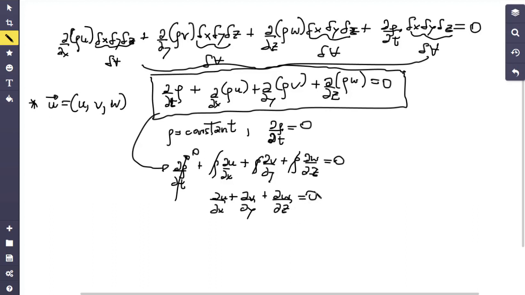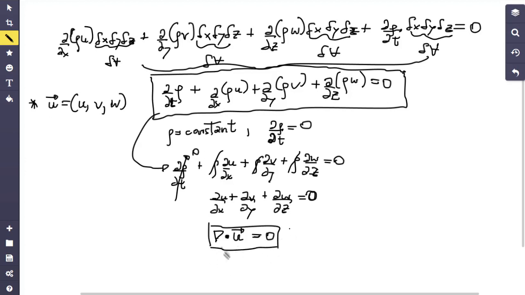Okay, we can write this equation as the divergence of the velocity vector. So this is equal to, it's terrible, okay, the nabla operator, the dot product with the velocity, equals 0. That is usually called the incompressibility condition.